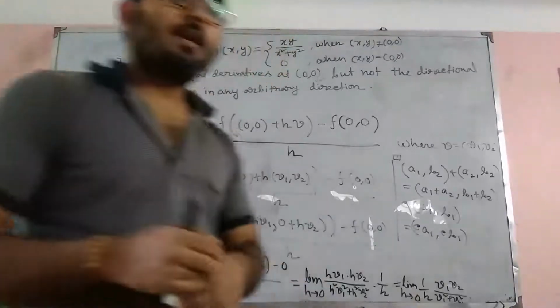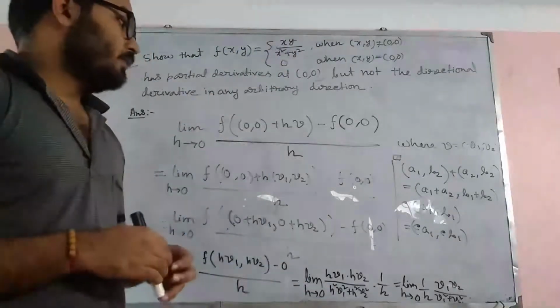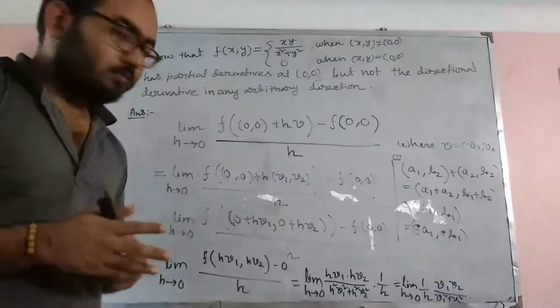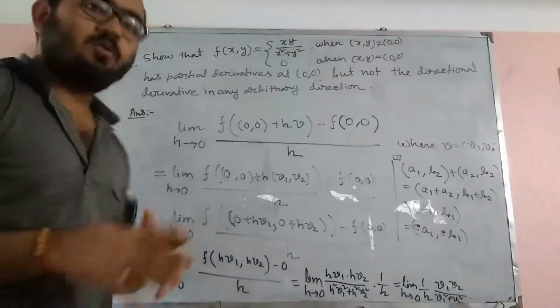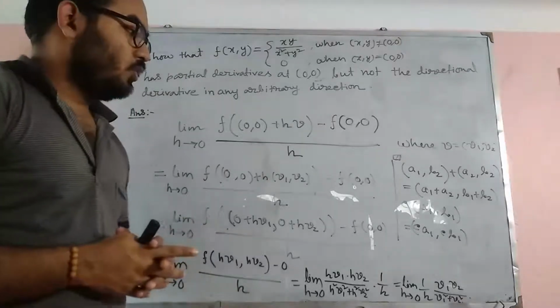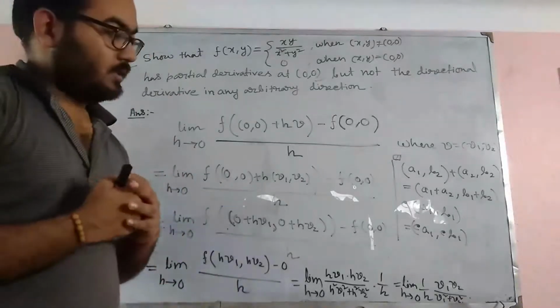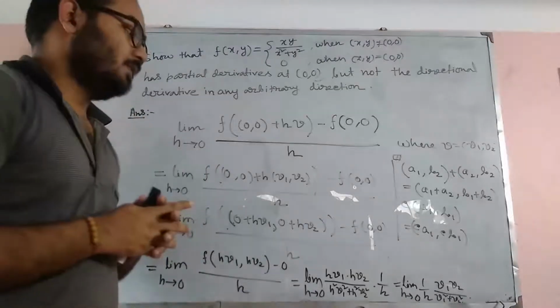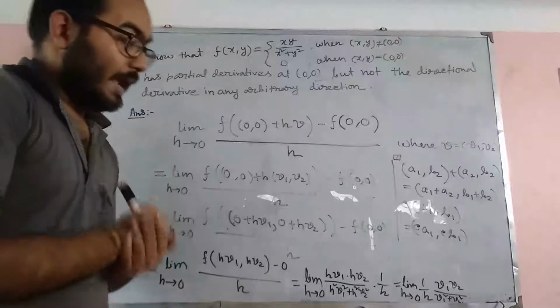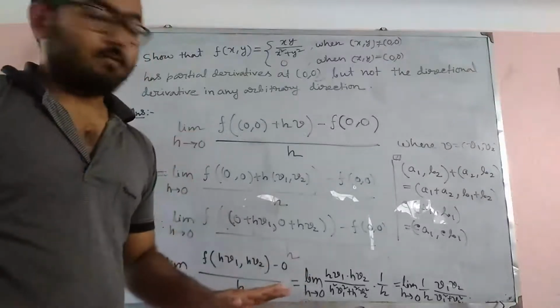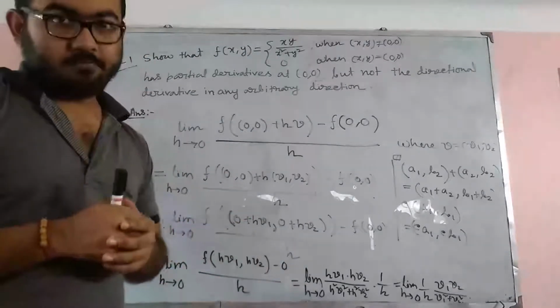Because v1 comma v2 is an arbitrary point in R2. We take an arbitrary point. That is why we can say that the directional derivative of f at 0, 0 along any vector doesn't exist.